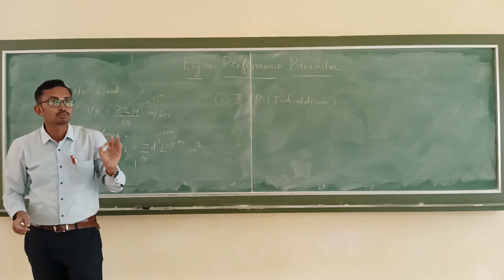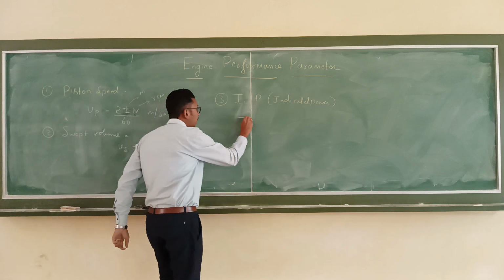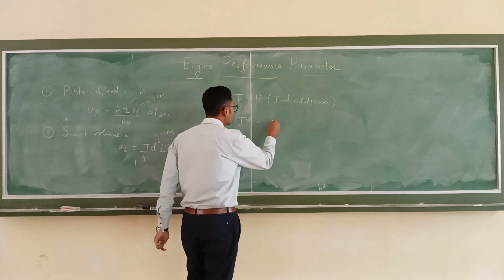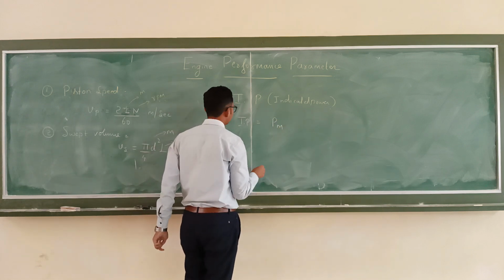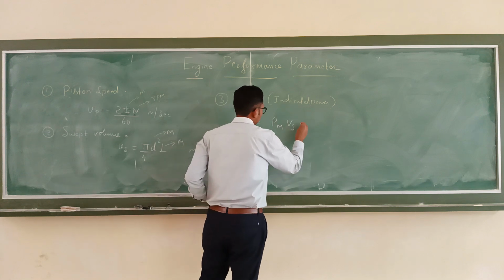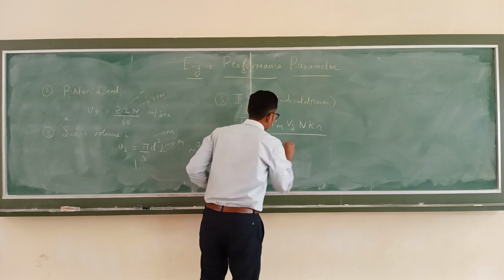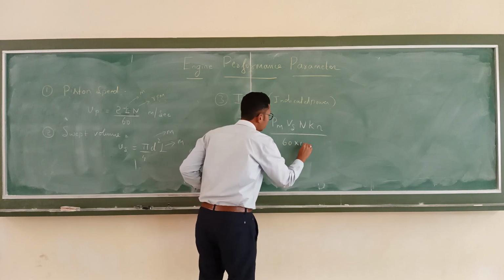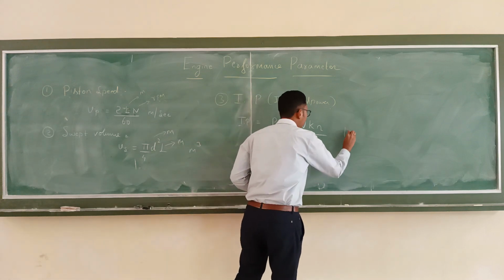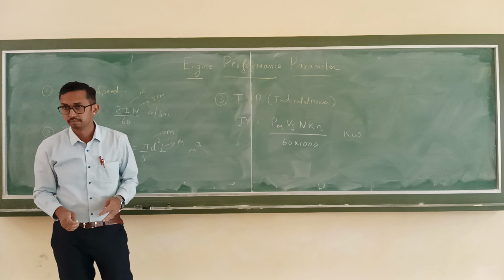That is given by the formula IP is equal to PM Vs N K n divided by 60 into 1000. The unit of indicated power will be kilowatts.